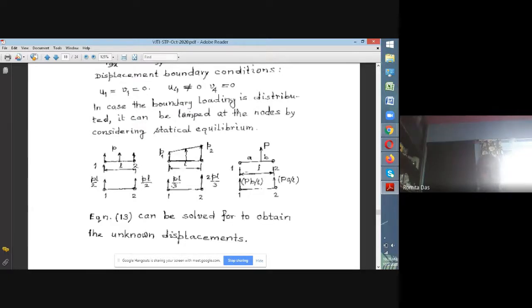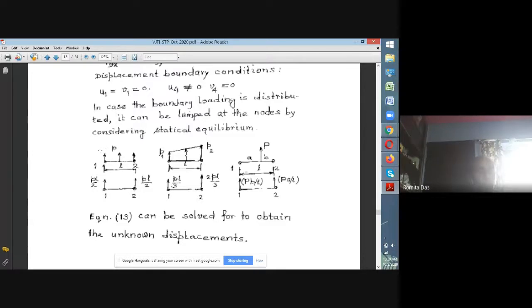Think of two nodes over a segment of the boundary from 1 to 2, and over this portion the boundary loading is distributed. If it is equally distributed with intensity P, how do you convert that into loads at nodes 1 and 2 at the two extremities?